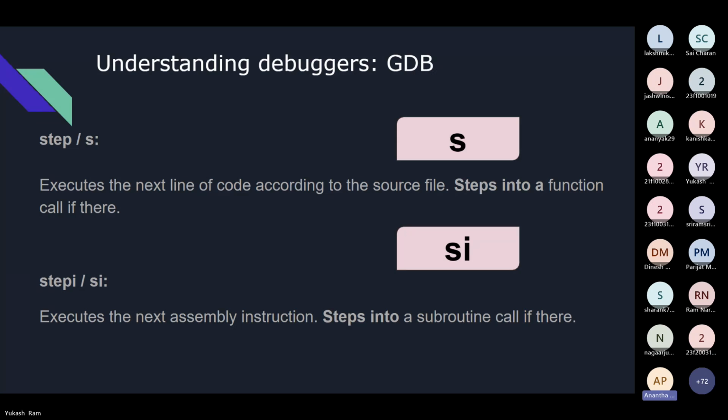But if you use step instead, then it will go into the function call, which refers to another function somewhere in your program. Similarly, si, step instruction, will go into something called a subroutine. There is no concept of functions in assembly. We'll see that in a couple of slides, I'll explain that.